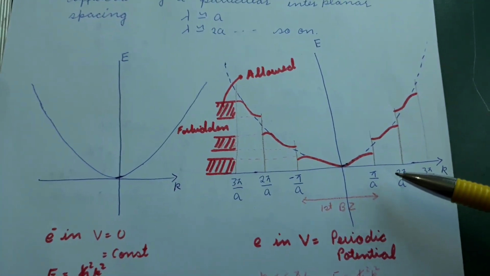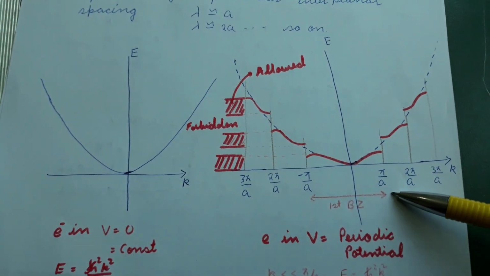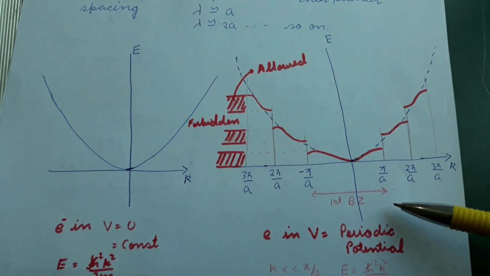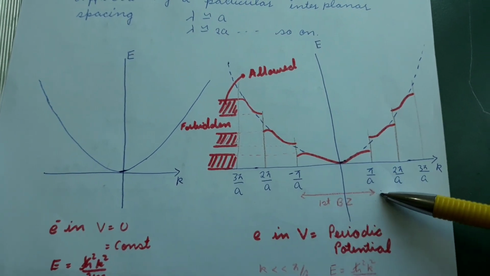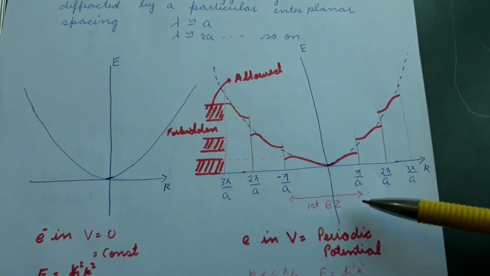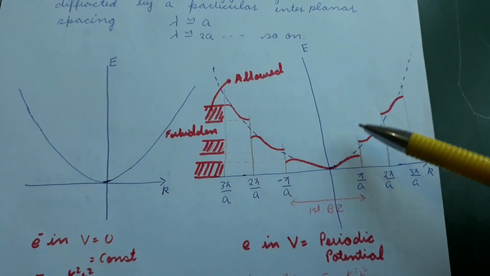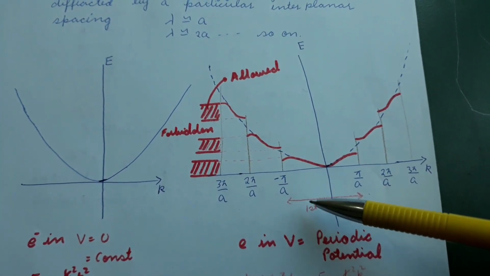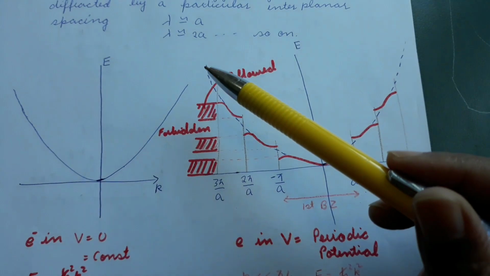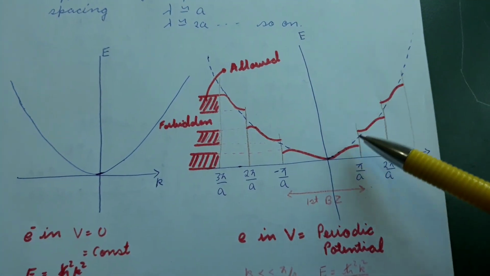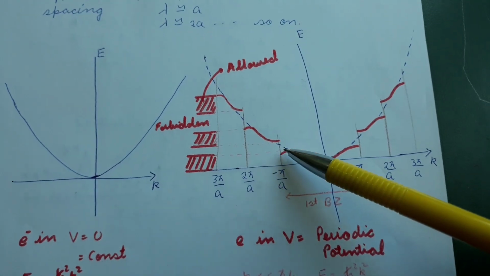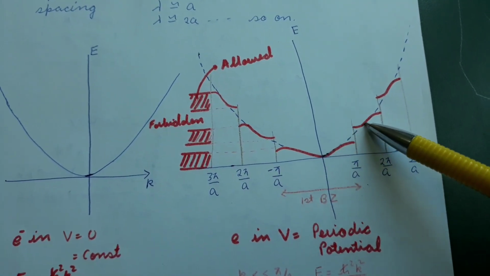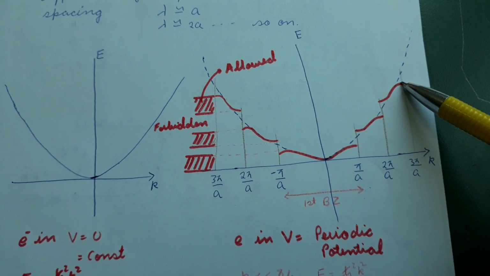But when you solve the Schrodinger's equation for an electron moving in a periodic potential, as we discussed in the last few pages, we see that instead of this EK diagram being parabolic, it actually breaks down in such a manner that the red one is the EK diagram for an electron in a periodic potential.